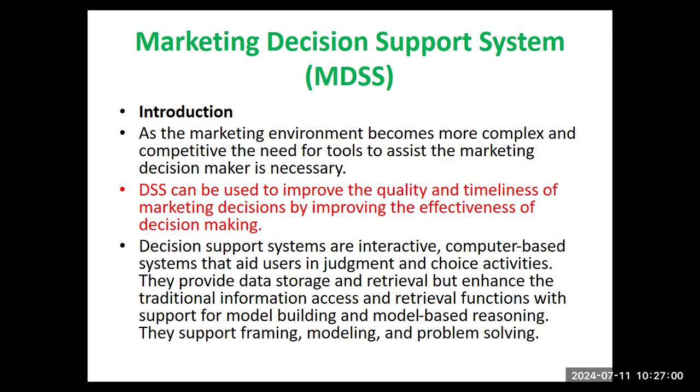And modeling. Modeling allows the users to create detailed models of complex marketing scenarios. Say, for example, a car manufacturing company can use a decision support system to model the impact of various advertising programs.